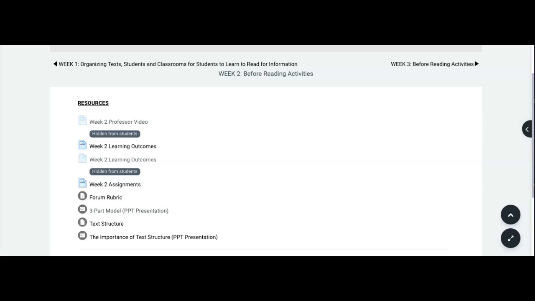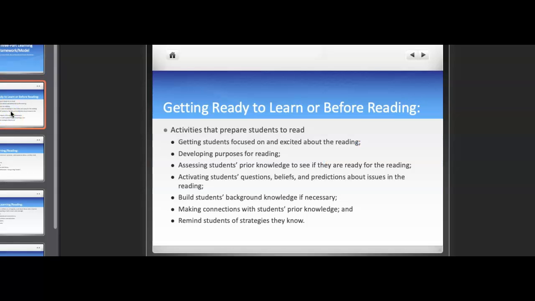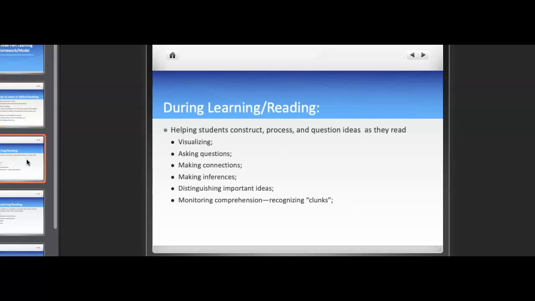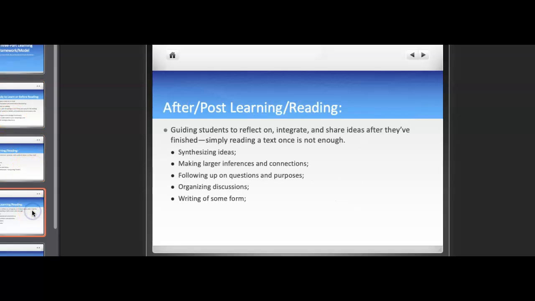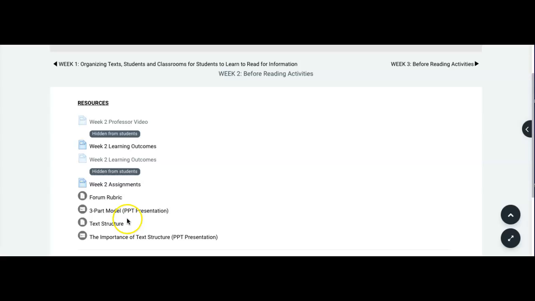Here is the first PowerPoint, which talks about a 3-part learning framework or model about the before the reading, during the reading, and after the reading. The second PowerPoint deals with the importance of text structure.